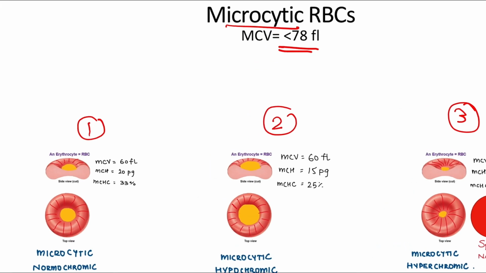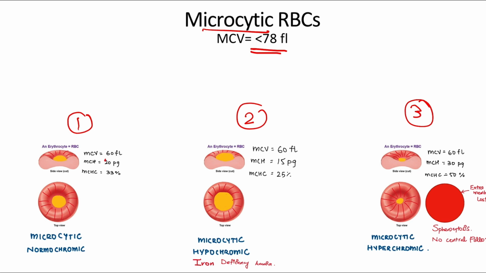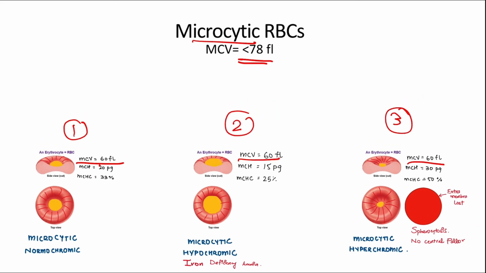Here all the cells have MCV of 60 femtoliter. In cell 1 the MCH is 20 picogram and MCHC is 33%, in cell 2 the MCH is 15 picogram, MCHC is 25%, and in cell 3 the MCH is 30 picogram and MCHC is 50%.